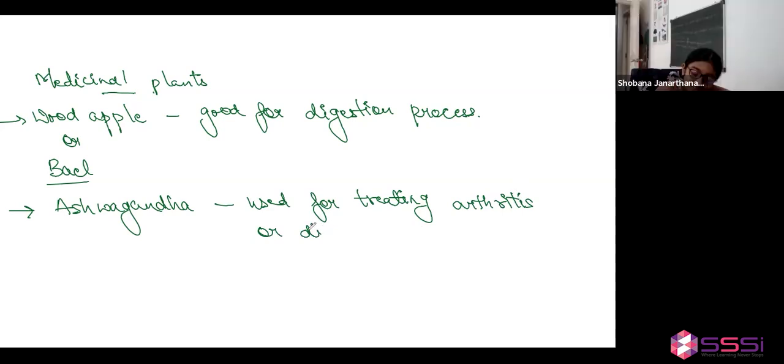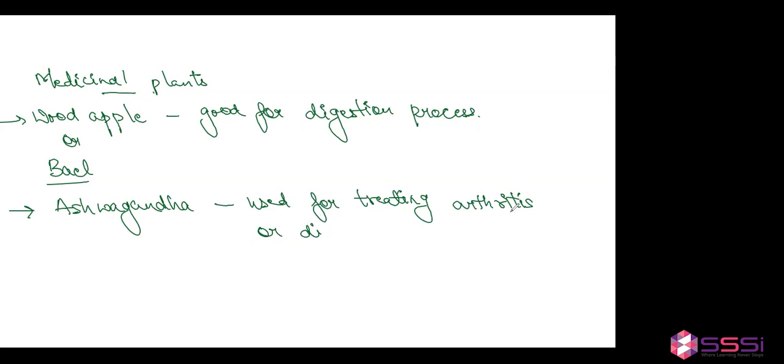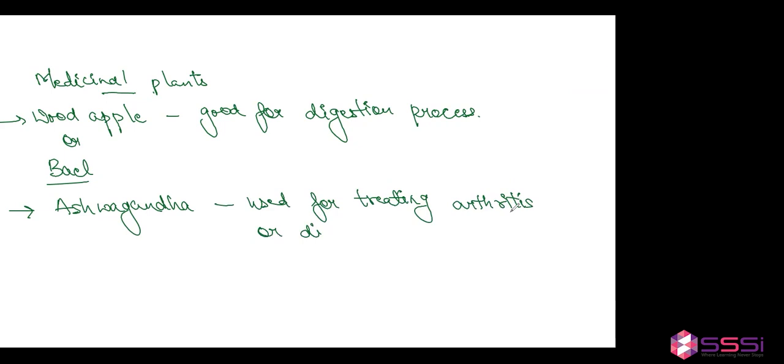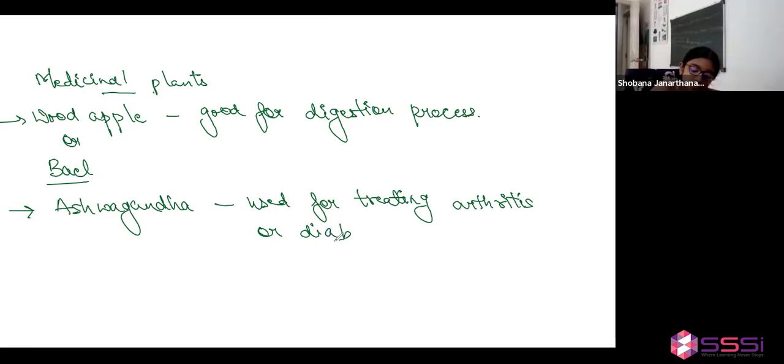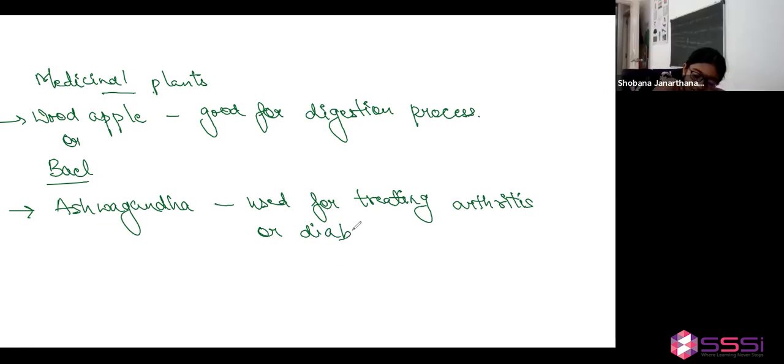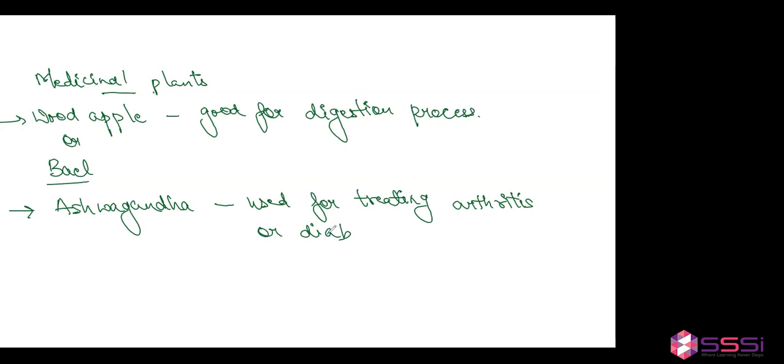Arthritis is when people have joint pains, in the knee. Ma'am, can you tell the spelling? The spelling is A-R-T-H-R-I-T-I-S. Arthritis, and diabetes.